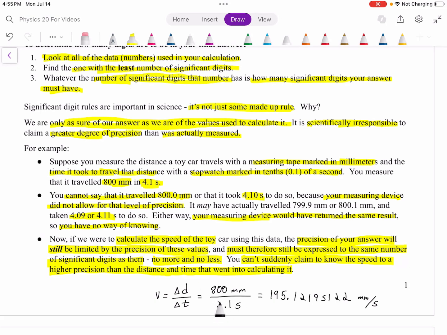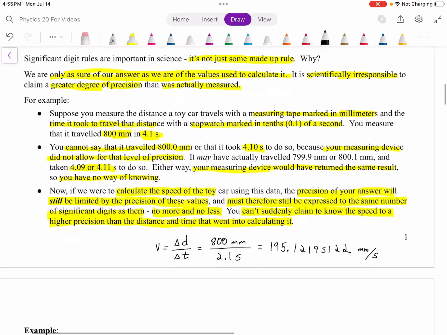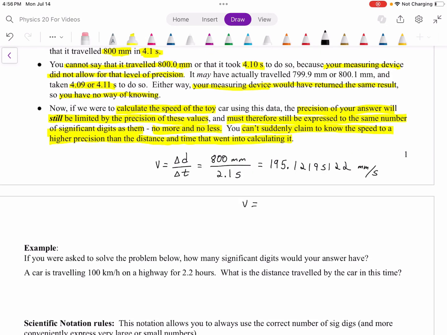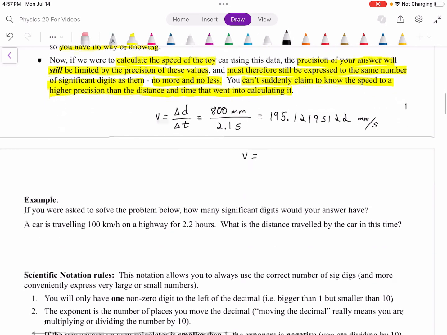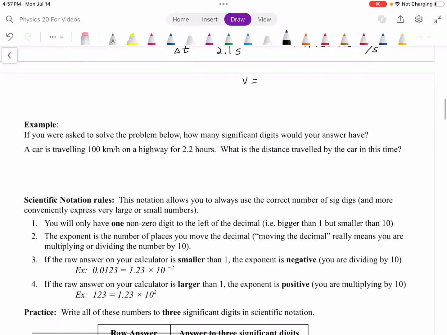So this only has 2 significant digits, this has 3, so 2 is the lesser of those, so our answer would need to be recorded to 2 significant digits. To do any more would be irresponsible. We'd be claiming a higher degree of precision for our speed than we were actually capable of getting from the data we had. Now, in order to actually do that for this, we're going to need scientific notation. So maybe I'll come back to that one after we've done a quick review of scientific notation, okay? But that's the idea here.